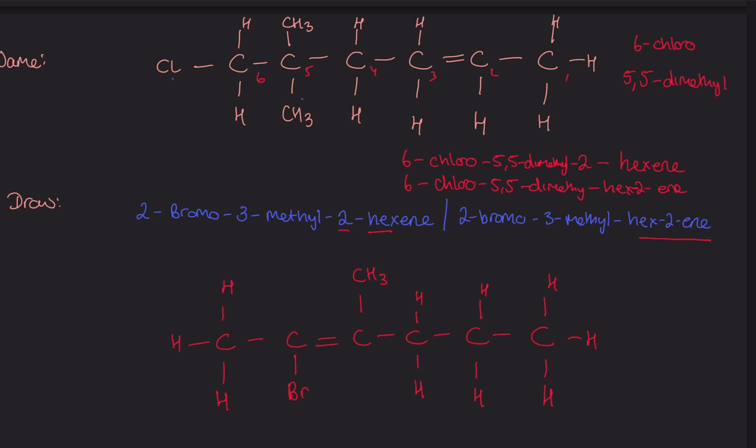Okay, so double check. This carbon here has 4 bonds. This carbon here has 4 bonds. This one, this one, this one, and this one. Okay, and it's still unsaturated, as you can see. We still have gaps here and there. So we're on the right track.